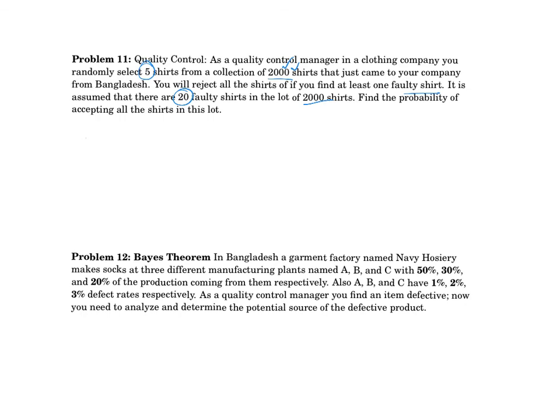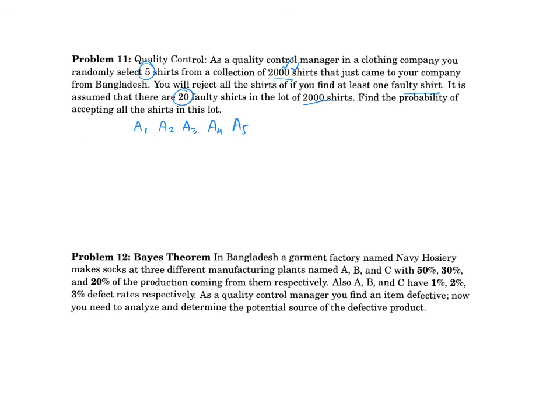you can think of it as a bunch of events. Event A1, event A2, event A3, event A4, event A5. A1 is the event that the first one you pick is good. Now, what is the probability of A1, that the first t-shirt is good?